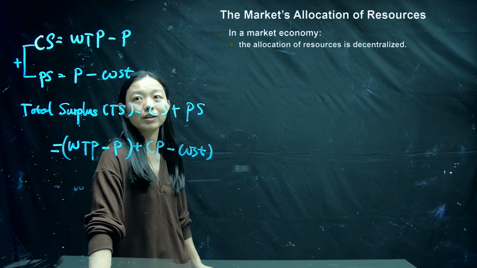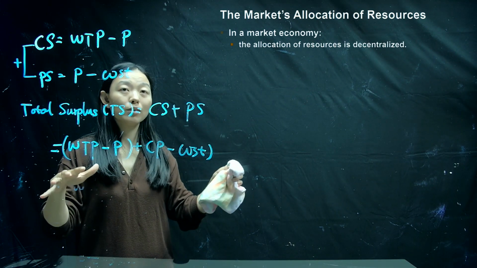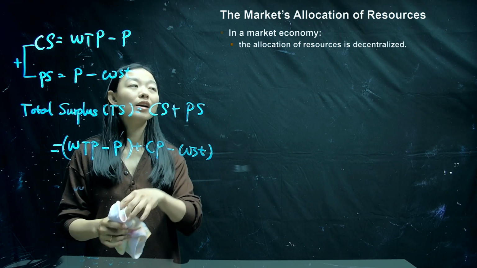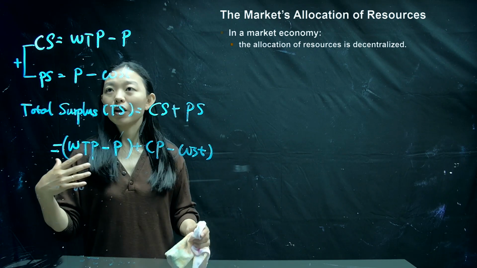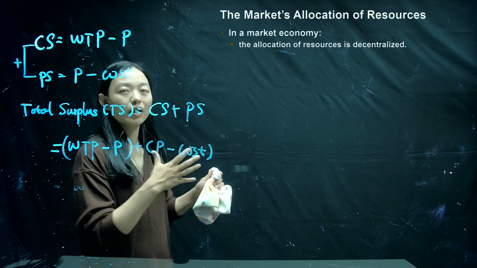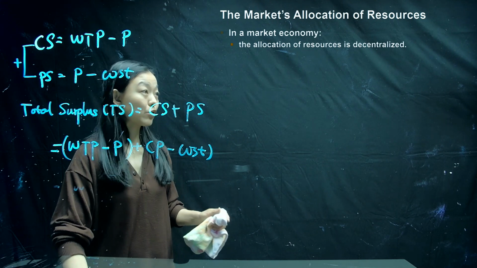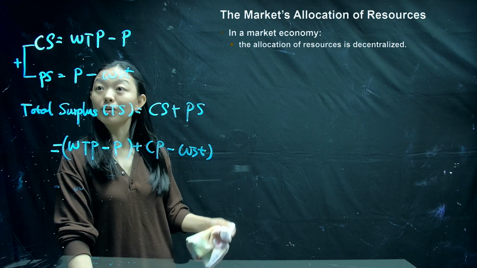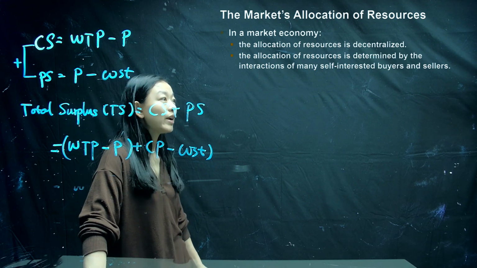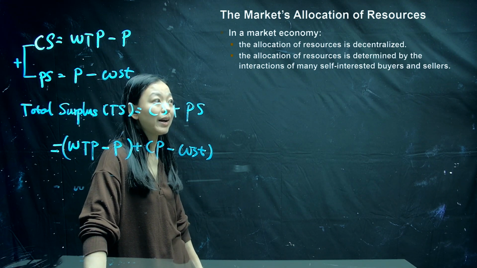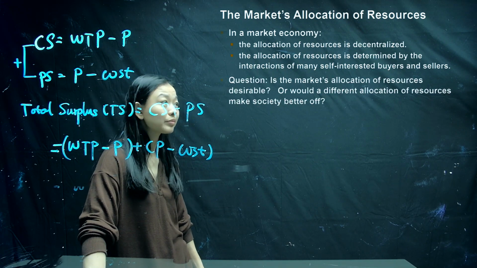In those economies, the government controls most of the resources and controls the allocation of those resources. However, in the USA and the European Union, most market economy countries use the market to allocate resources. So the allocation of resources is determined by the interactions of many buyers and sellers in the market.